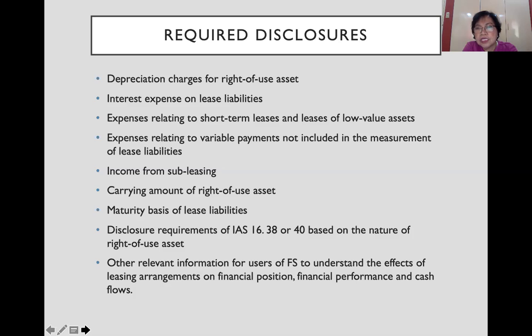Therefore, these are contingent rentals that are reported as lease expense if that rental is based on variables such as usage or revenues. Income from subleasing, the carrying amount of the right-of-use asset, the maturity basis of lease liabilities.